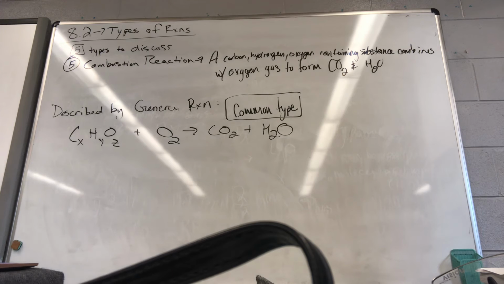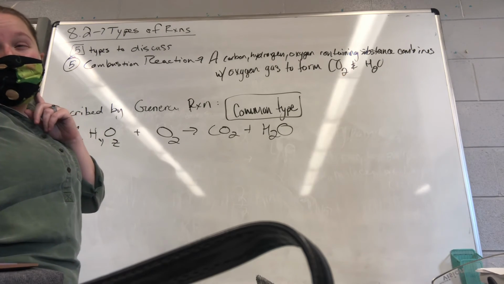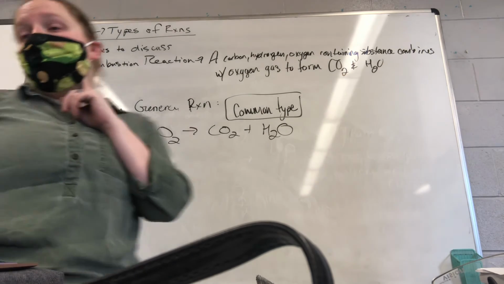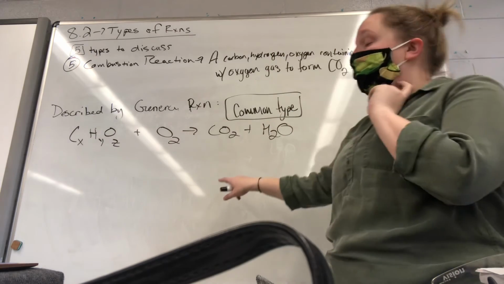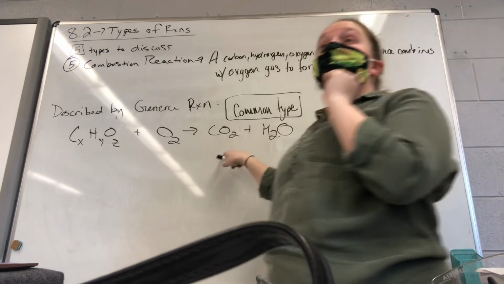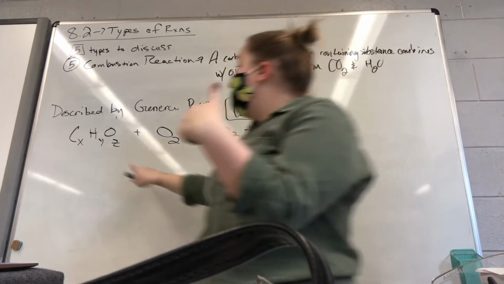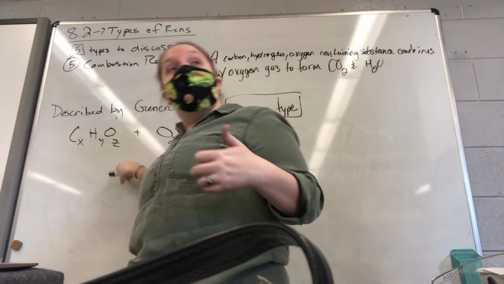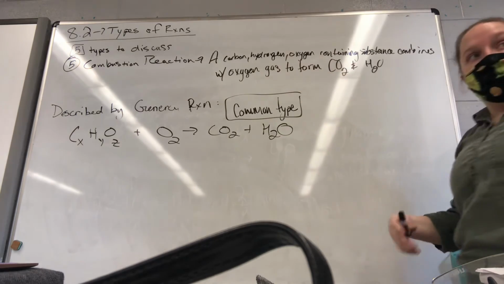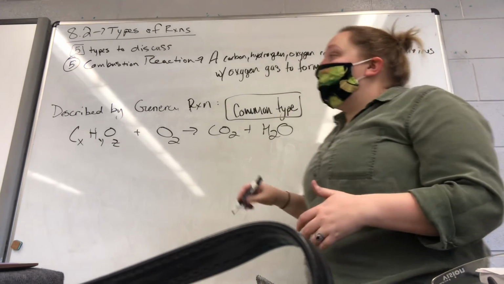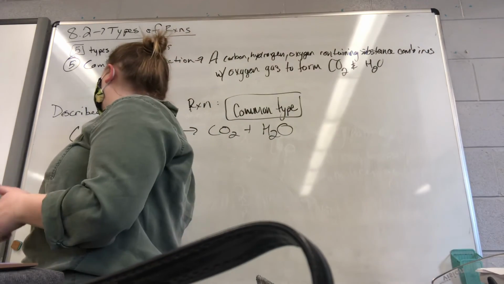There are, I would say, at least 2 different forms of combustion reactions, if not more. These are combustions of hydrocarbons. Hydrocarbon implies it has hydrogen and carbon in it, and sometimes oxygen, like we talked about last week. The other type is the combustion of hydrogen.